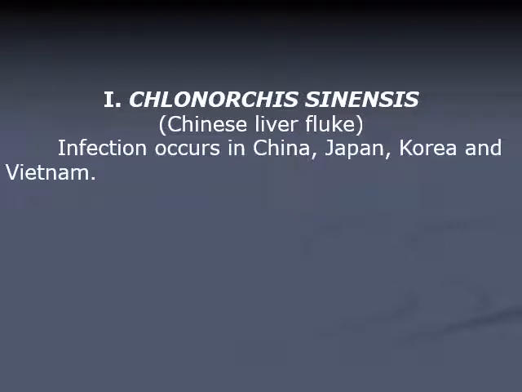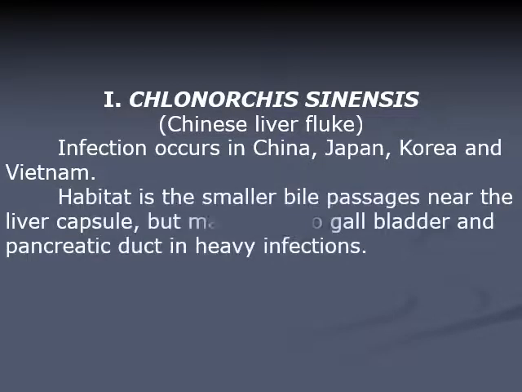The infection occurs in China, Japan, Korea, and Vietnam. كل البلاد دي بتاكل السمك ني تقريبا في السوشي وفي الأذر meals with fish, so they get the infection very easily.